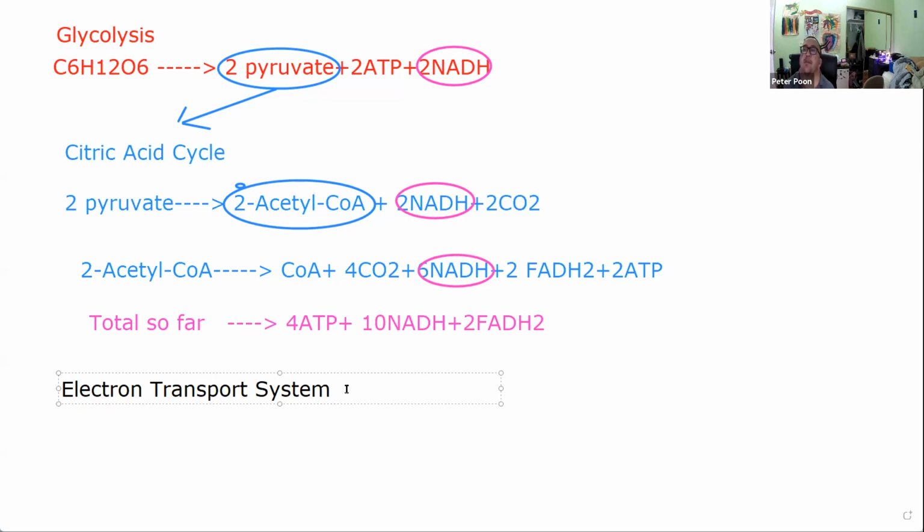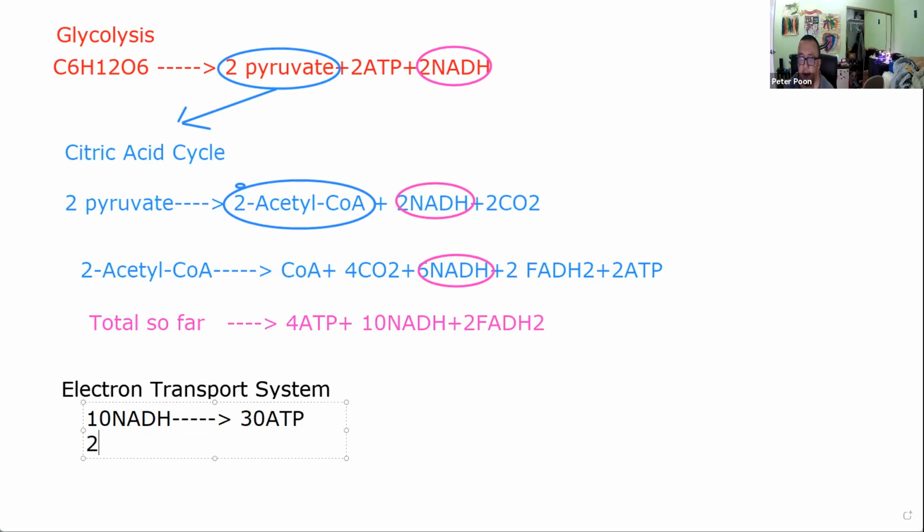The way the electron transport chain works is that the 10 NADHs will eventually make 3 ATPs each. There are 10 of them, so 30 ATP.